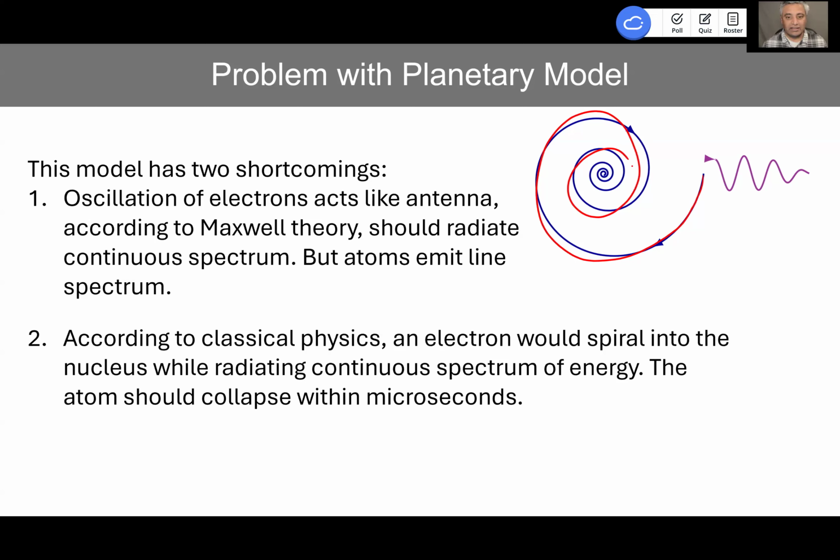So this is the prediction of Maxwell's equations, or classical theory. Okay, that was one problem. So that means it should give us some sort of spectrum where, at the beginning, it is moving fast. Maybe it's emitting higher energy at the beginning, and then the energy decreases.